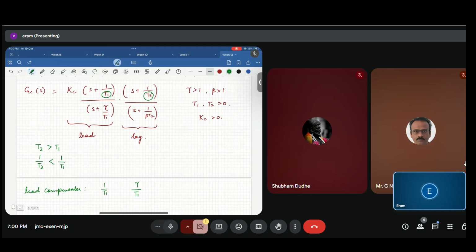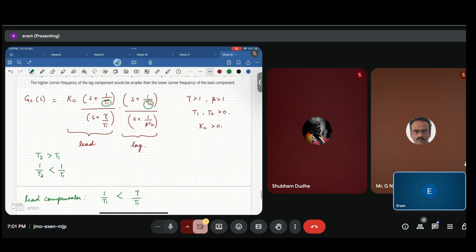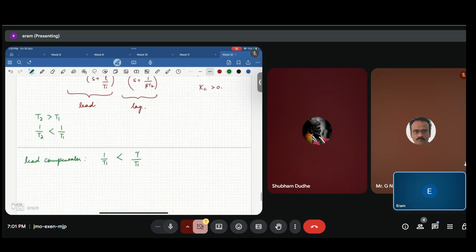Since gamma is greater than 1, which value will be greater? Gamma by T1 is greater than 1 by T1. Now let's look at the lag compensator.